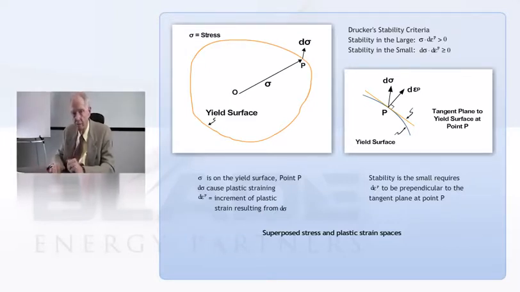Anyhow, what this second condition says is that d sigma dotted with d epsilon has to be positive.